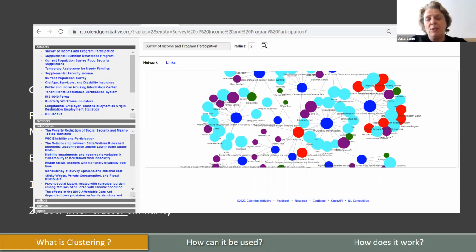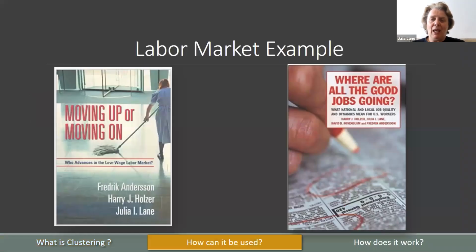So you use that based on how much these data sets co-occur in publications, and that little network picture groups the articles, the topics and the data sets according to some measures of similarity. So there are lots of applications for clustering mechanisms. If you want to, you can go to that website, rc.coleridgeinitiative.org, and poke around at different data sets. It's a pretty cool project.